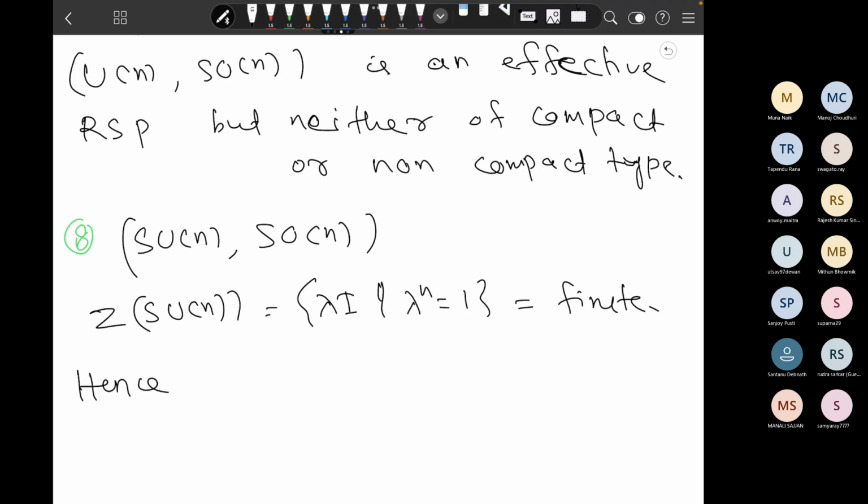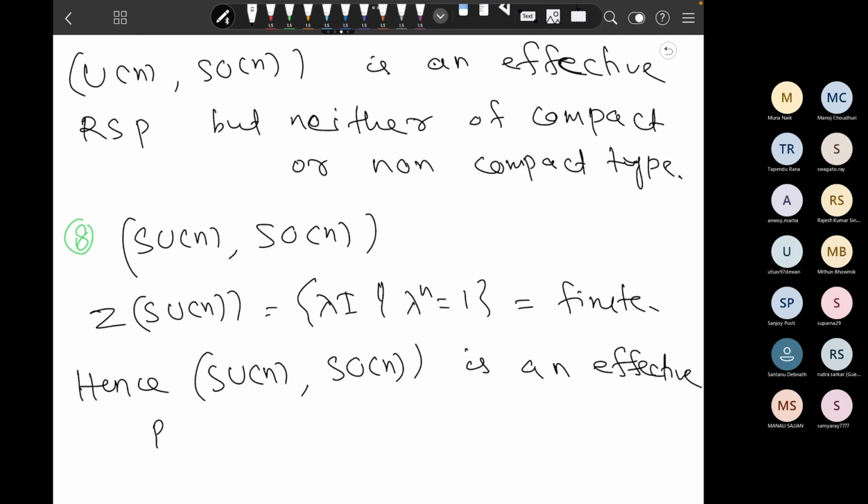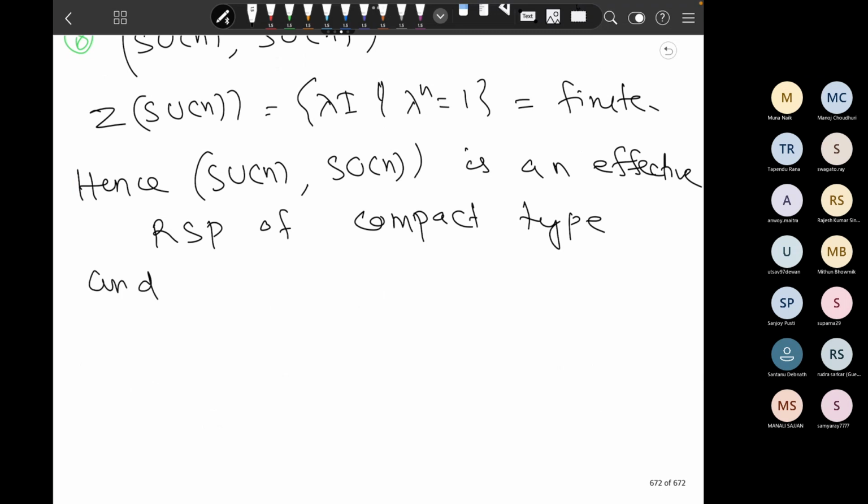Hence SUN, SON is an effective Riemannian symmetric pair of compact type, and SUN mod SON is a Riemannian symmetric space of compact type.